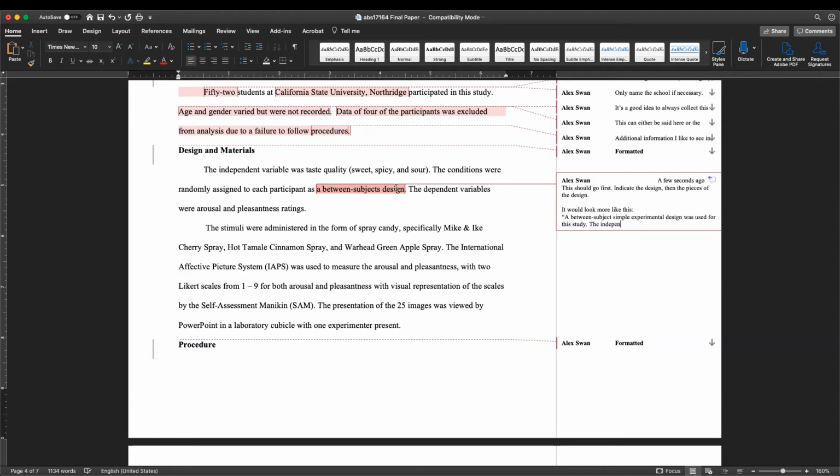So then you can identify what the independent variable was and what the levels of that independent variable were. So you can identify here that the taste qualities were part of the materials, which is why this section was combined.